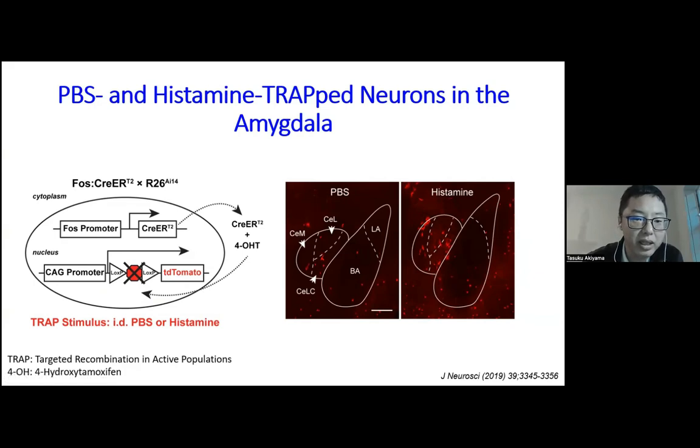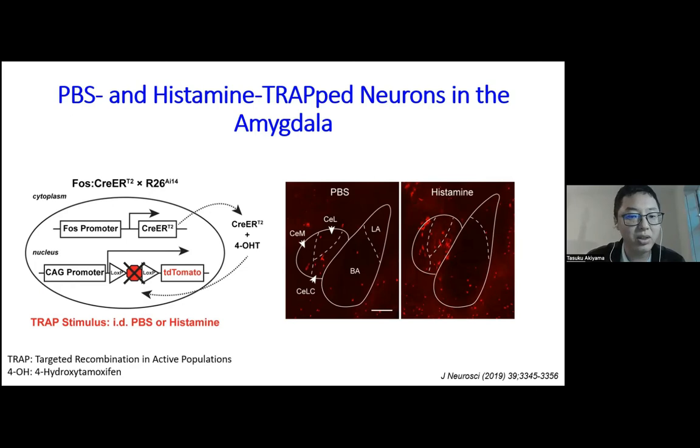And then the tdTomato is after the loxP-stop codon site. So since CreERT2 is under the Fos promoter, once the neuron is activated, CreERT2 is translated. And then the translated CreERT2 is released into the cytoplasm. And then CreERT2 needs to get into the nucleus to work as the recombinase.